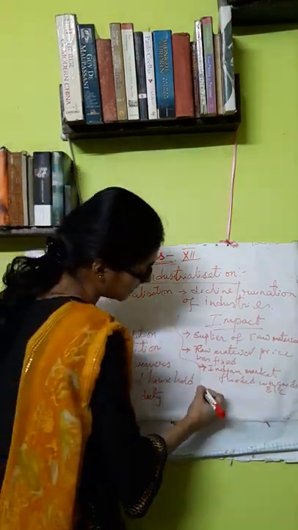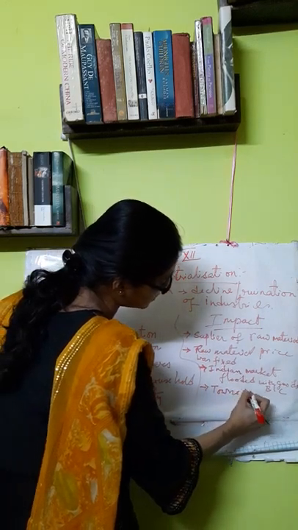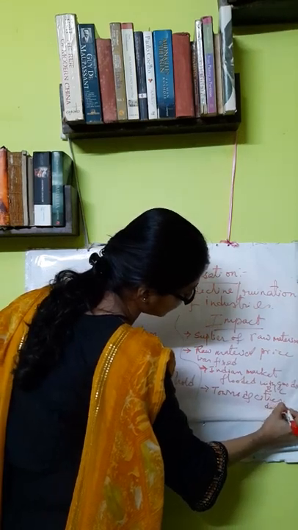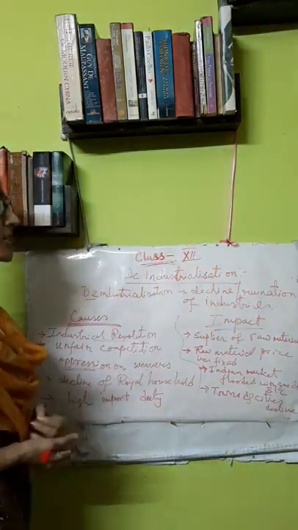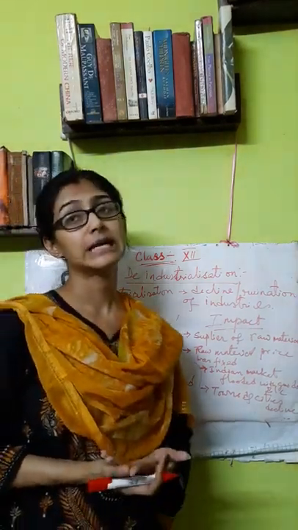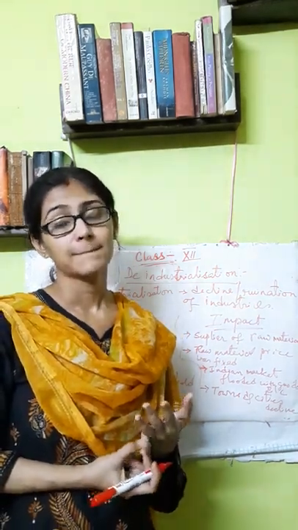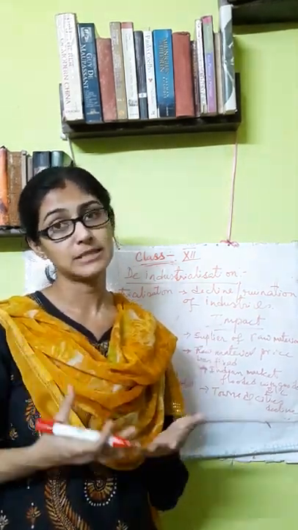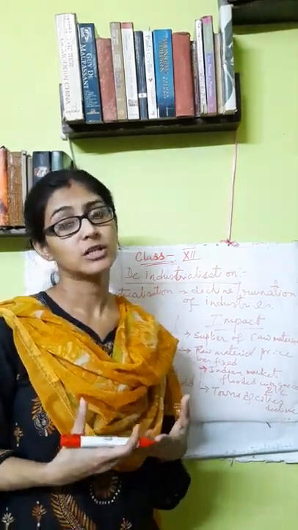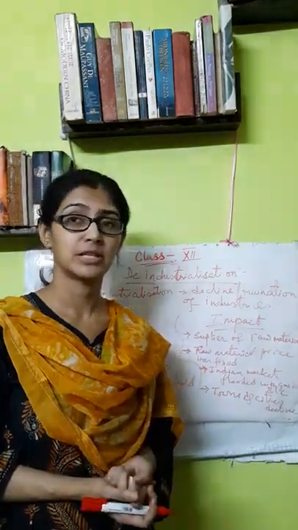Then, apart from this, there was the decline of towns and cities. That is a major impact of the deindustrialization. Many important towns like Murshidabad, Dhaka, Surat, which were especially famous for cotton and the cotton textile industry, suffered major decline.